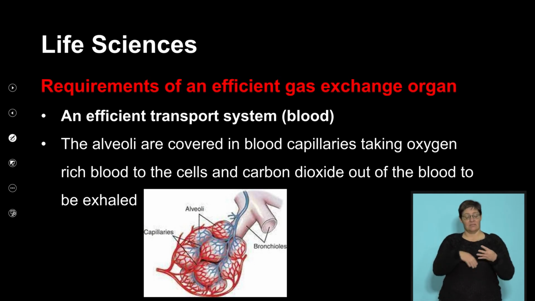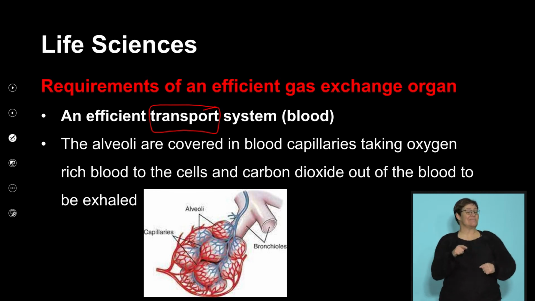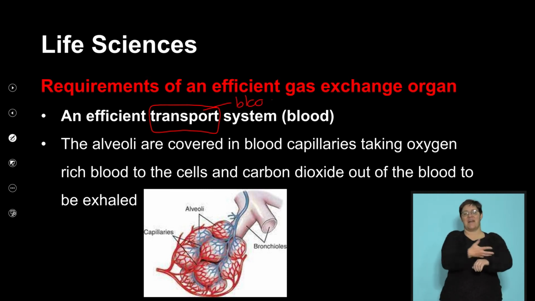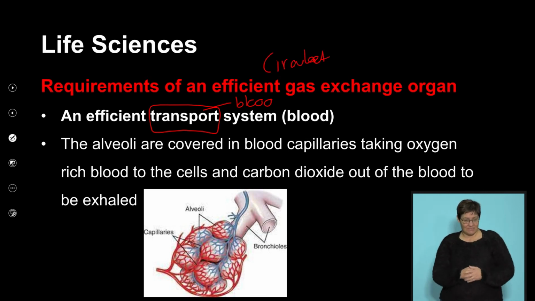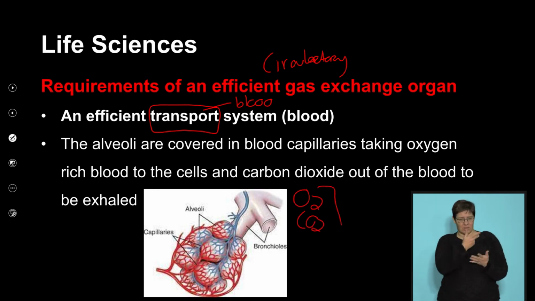Okay, the next thing it needs to have is an efficient transport system. The transport system we're going to call our blood system or our circulatory system, when we looked at the heart and all of that. What transports the oxygen around the body and the carbon dioxide is going to be blood.